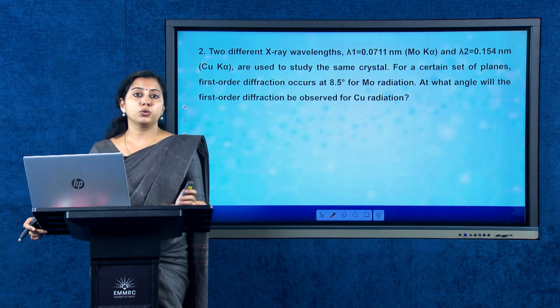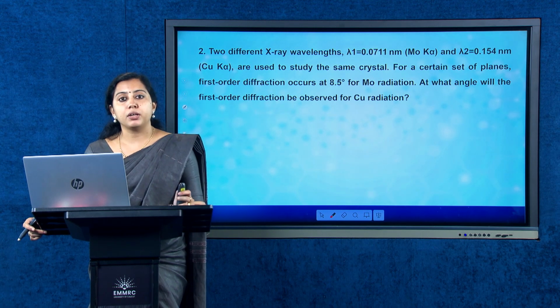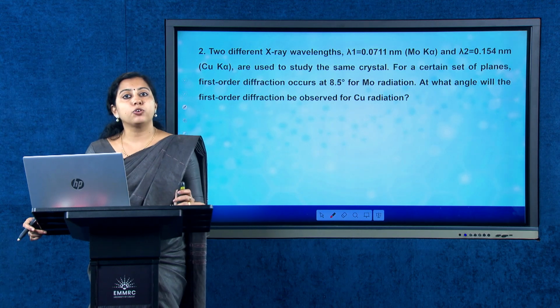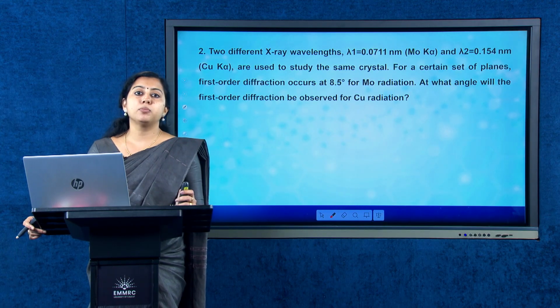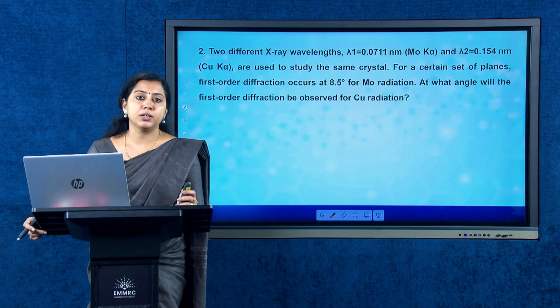Okay. So, in this question, two different wavelengths are given. One is the wavelength of the molybdenum K alpha radiation, and the second one is the wavelength of the copper K alpha radiation.